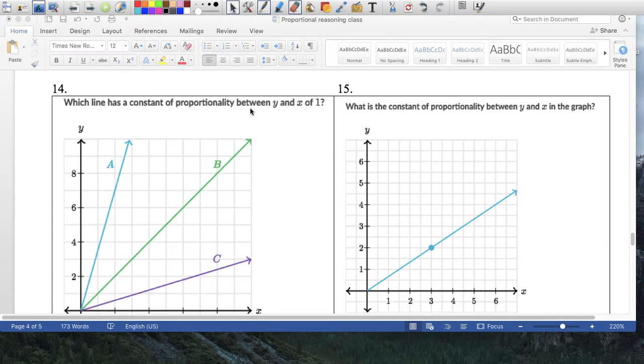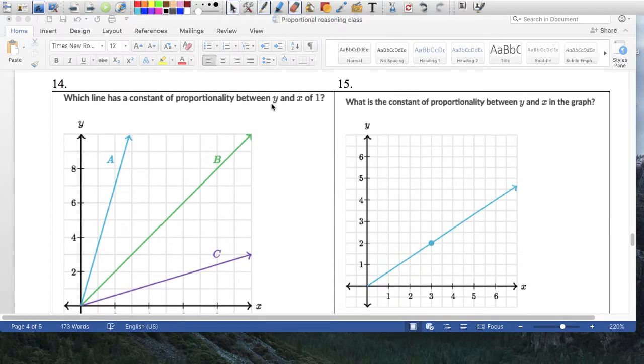14. Which line has a constant of proportionality between y and x of 1? So let's look at line A. I want k equals y over x, and I want to find a line where the constant of proportionality ends up being 1. Let's pick a value on this line A. It's the only one where I can perfectly figure out the values.